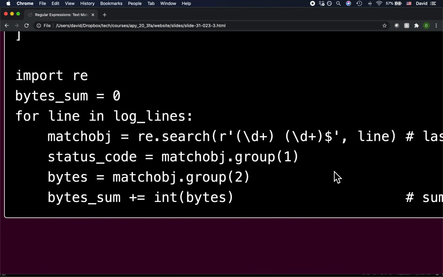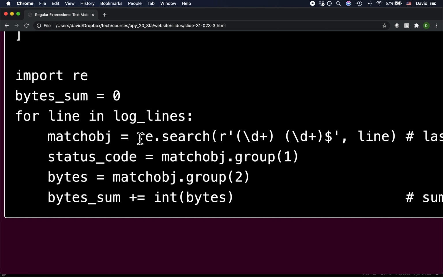More importantly, what we're doing right now is grouping those two values, because if we're interested in making use of the values, not just validating that they were there, we can do that by grouping them.